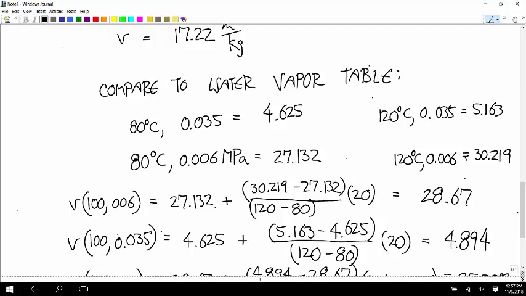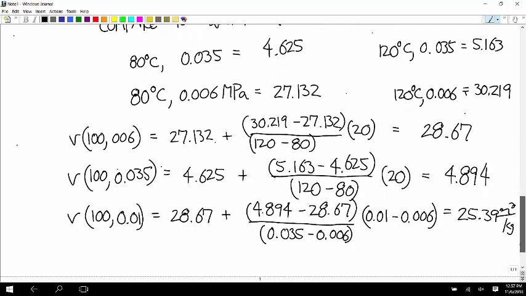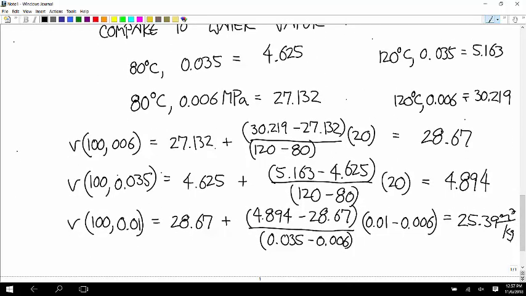But if you call this your y2 and this your y1, it'll still give you the exact same answers, because it's the same line, as long as you switch the order of everything correspondingly. Otherwise, if you flip-flop, like doing 28.67 divided by 4.894 without flipping the order of these, then it'll send you going the wrong way along that line. Okay, so that didn't take too long.